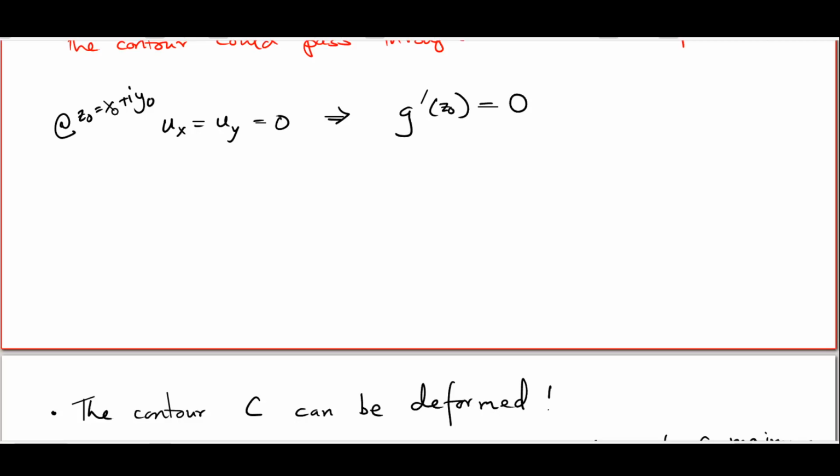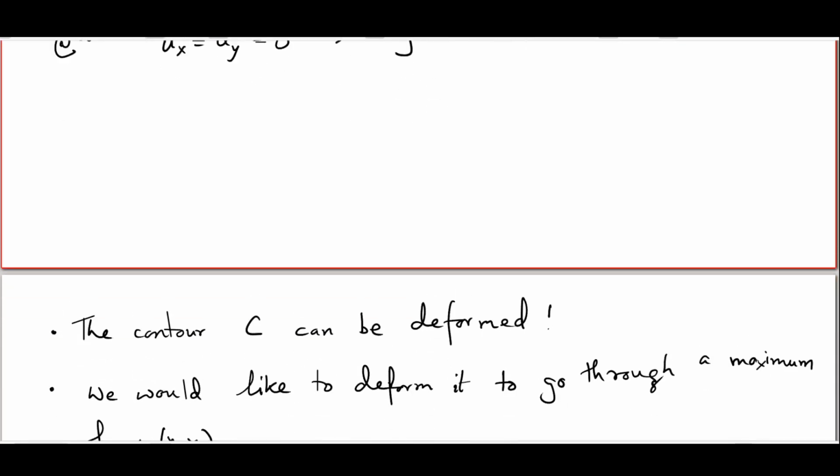That gives us a lot of leeway. This is the celebrated Cauchy theorem, and this helps us to deform our contour so that it passes through a point where the derivative of g vanishes. So we would like to deform it so that it goes to this maximum of u(x,y).